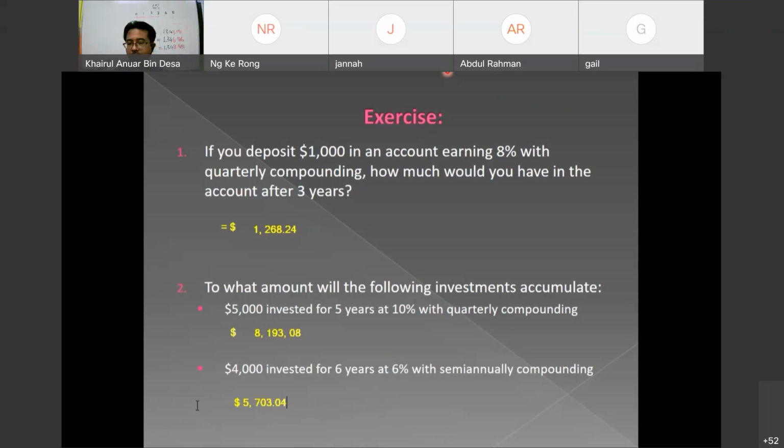So the table is if you want to get the answer faster, we can use the table. But the accuracy is less compared to the calculator, compared to the formula. So that's why the answer is a bit different, especially yang kat belakang nilai ini.